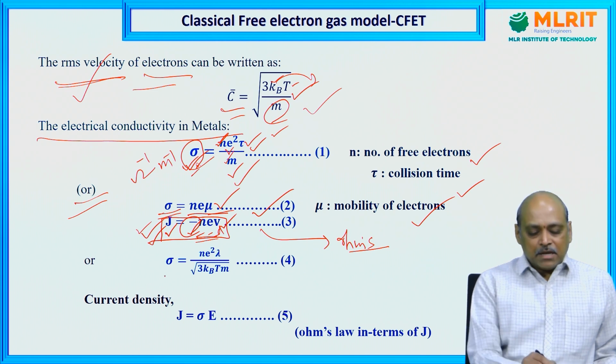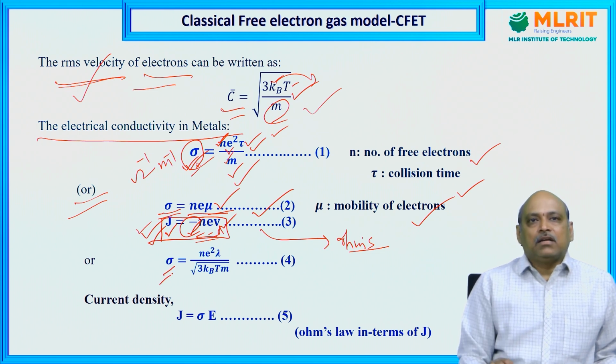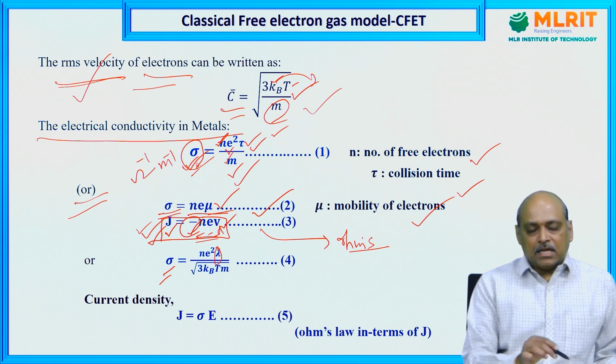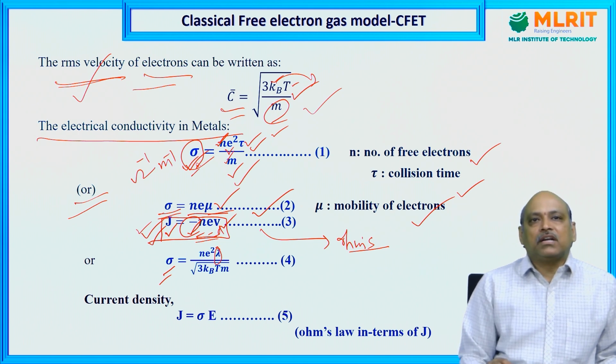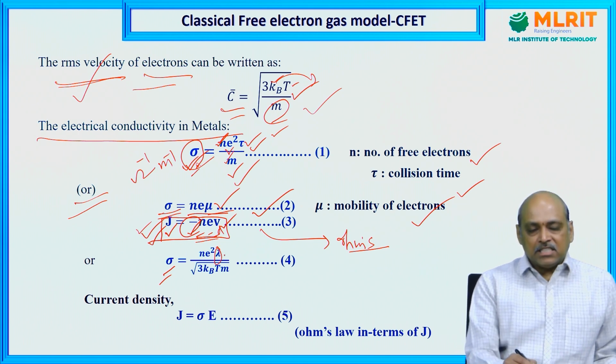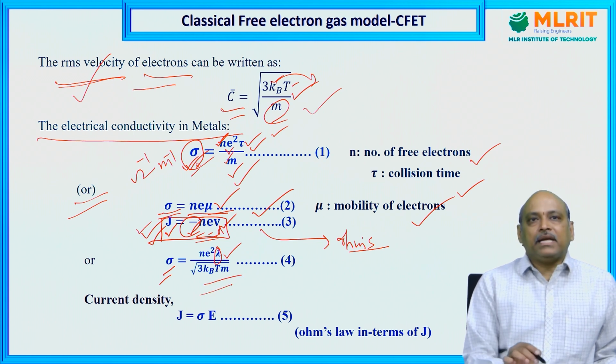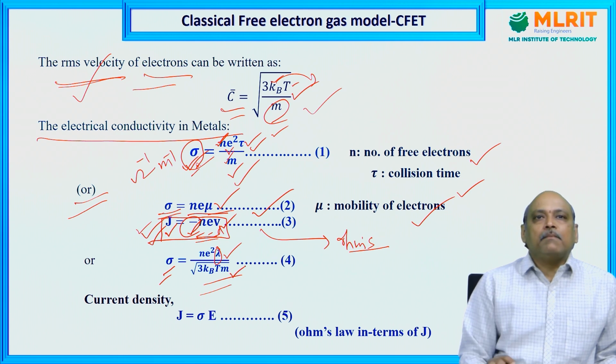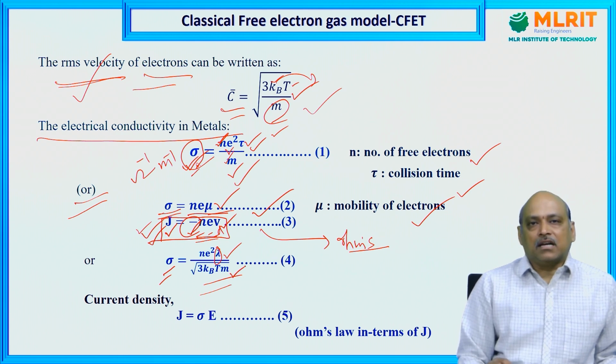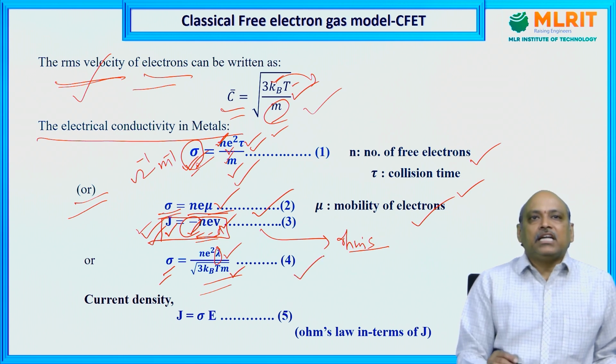Now, the electrical conductivity sigma, if you want to write it in terms of lambda, where lambda is the mean free path, can be written as n e square lambda by under square root of 3 k_B T m. Here k_B is the Boltzmann constant, T is the absolute temperature, and m is the mass of the electron. In different ways, we can write the electrical conductivity according to this theory.